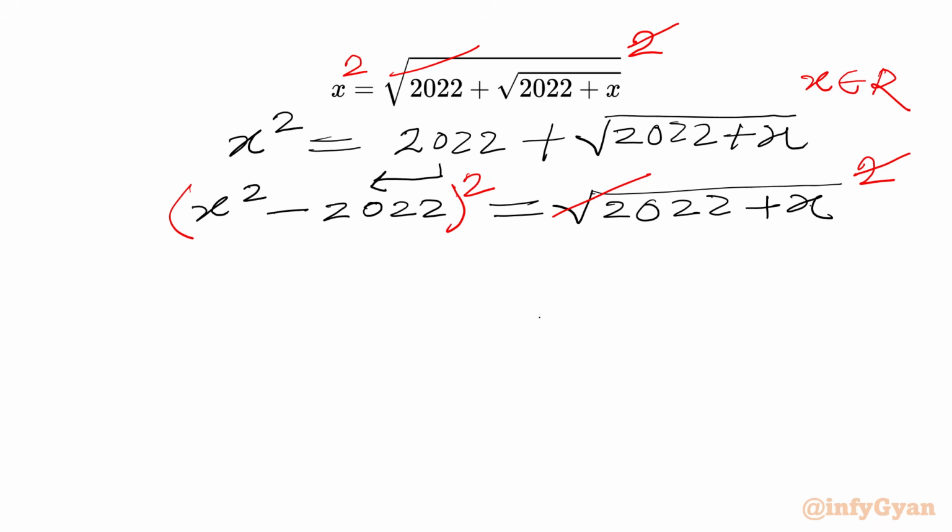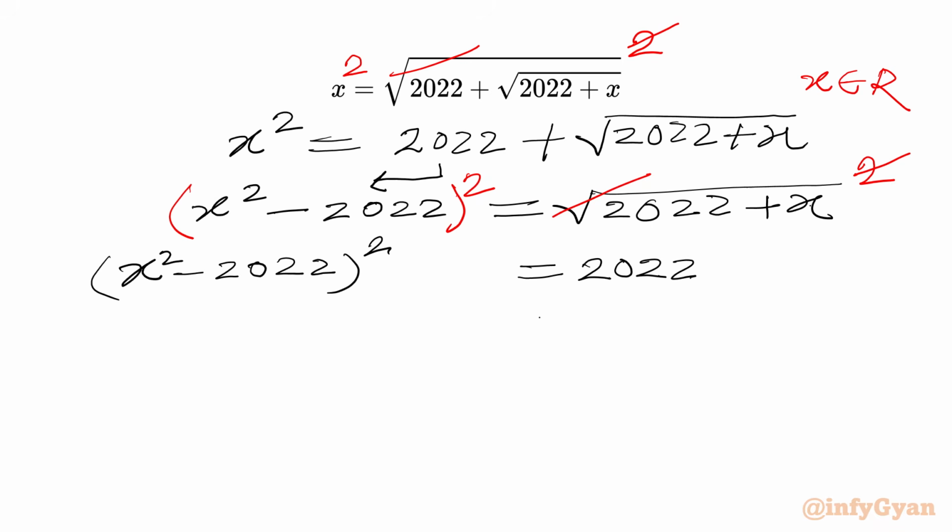We will write the equation x square minus 2022 whole square in the left hand side and 2022 plus x in the right hand side. Now we are going to subtract x square from LHS and RHS.